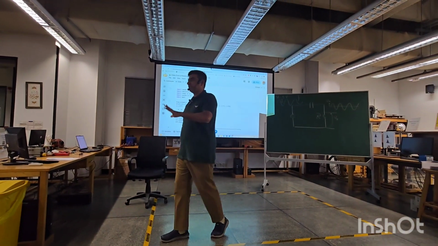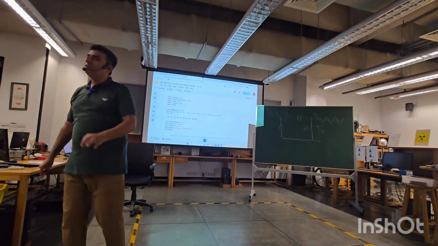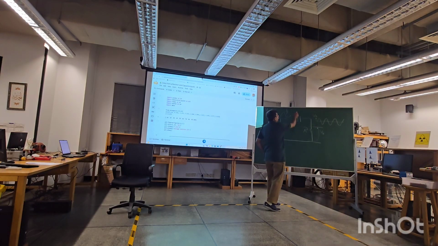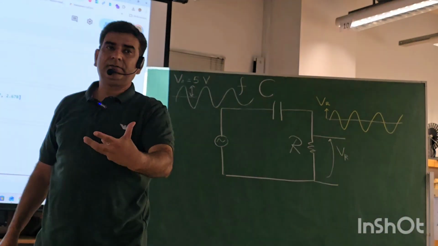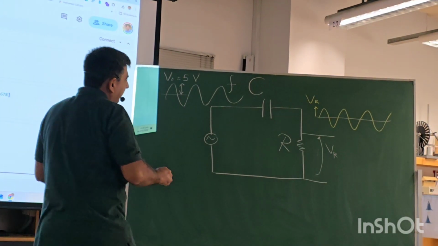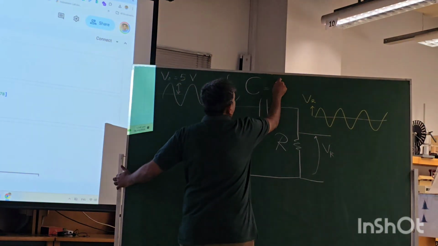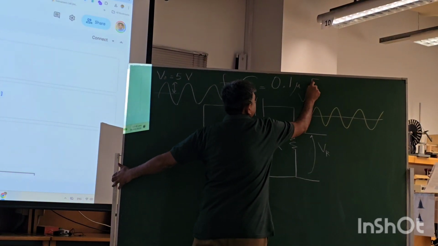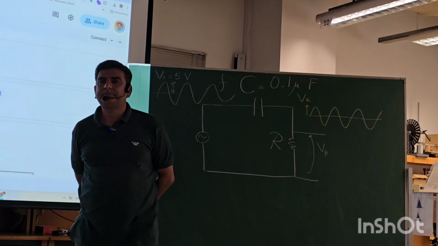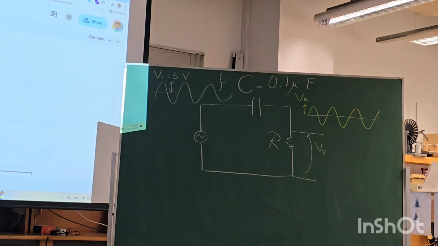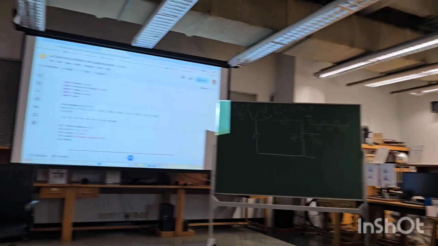But we do know that there's a capacitor here, C, whose capacitance is given. The capacitance is, in our case, 0.1 microfarads. So given this data, we would like to make an estimate of the resistance.